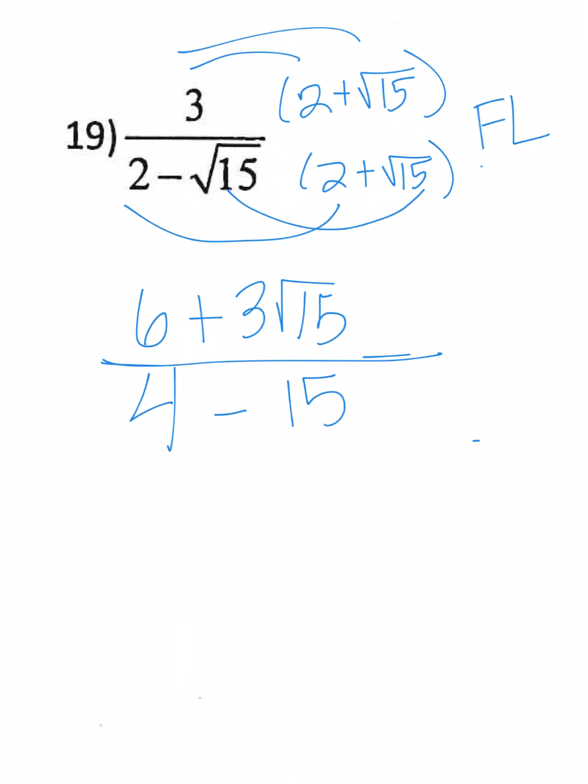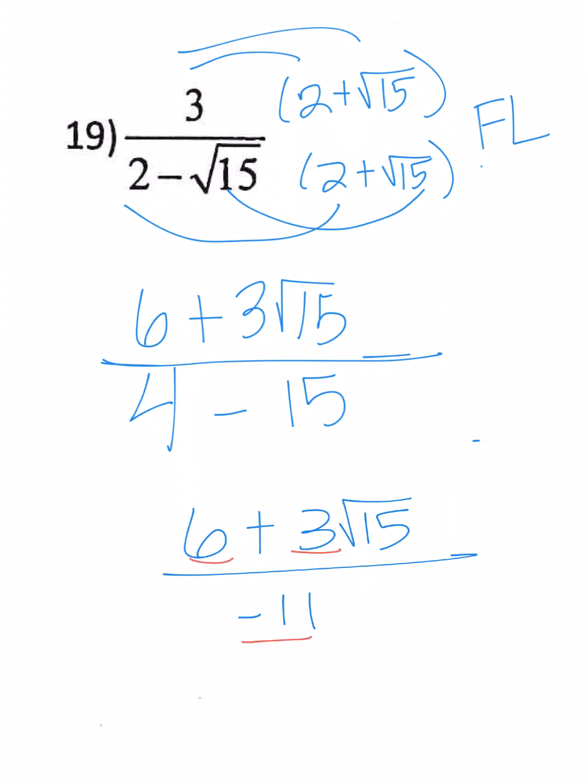So what I'm looking at is 6 plus 3 radical 15 over 4 minus 15, which is going to give me a negative 11. All right, so next you would want to look at all of the outside numbers, which are 6, 3, and negative 11, and see if they have anything that they can all be divided by. And I know 11's prime and 3 is prime, so that's not going to be the case. So this is actually simplified as far as it will go.